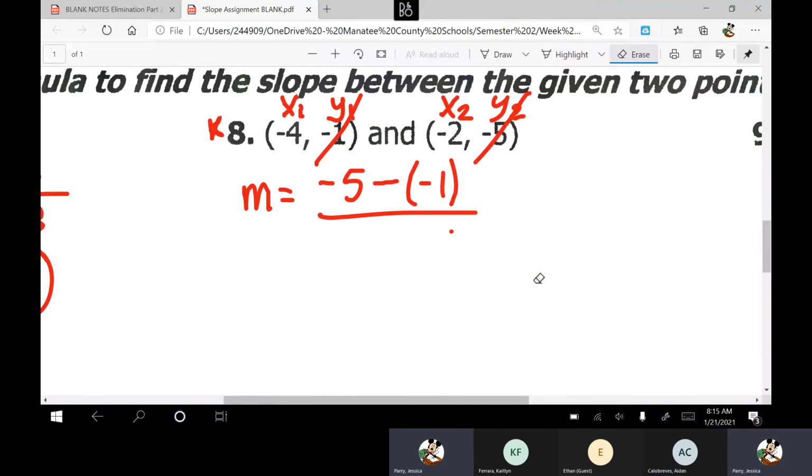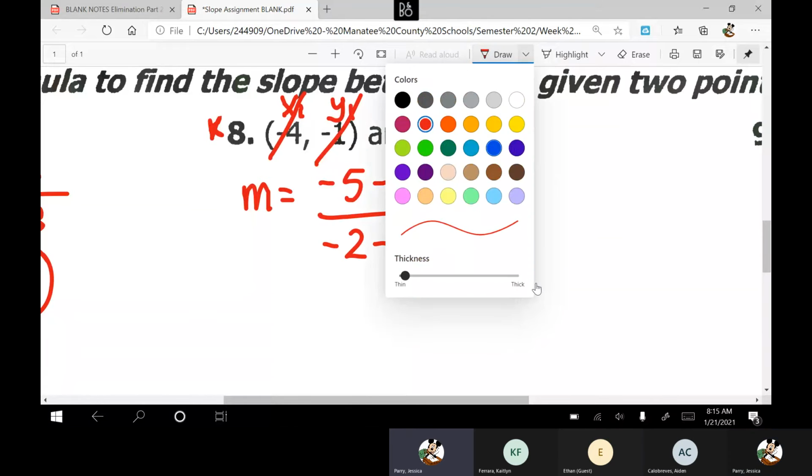Perfect. And then what can I put on bottom? What minus what? What's x2 minus x1? -2 minus -4. Perfect. Awesome. Good job. Okay, so now let's start cleaning it up and simplifying.